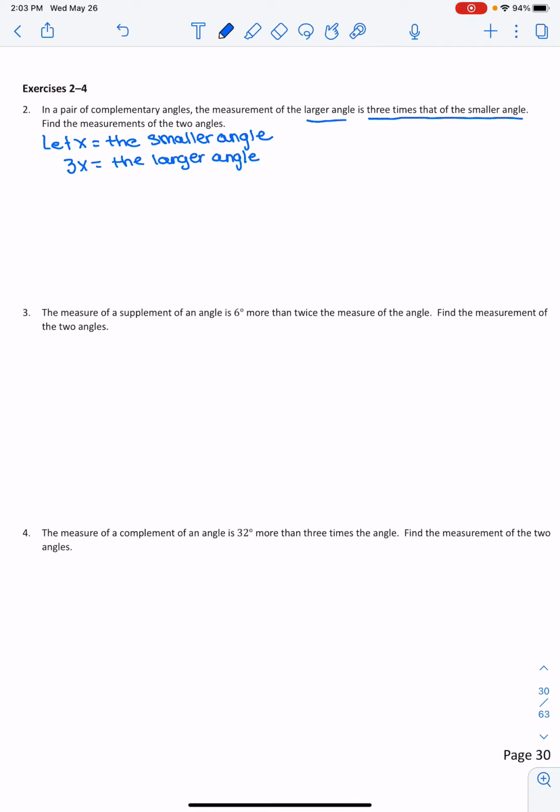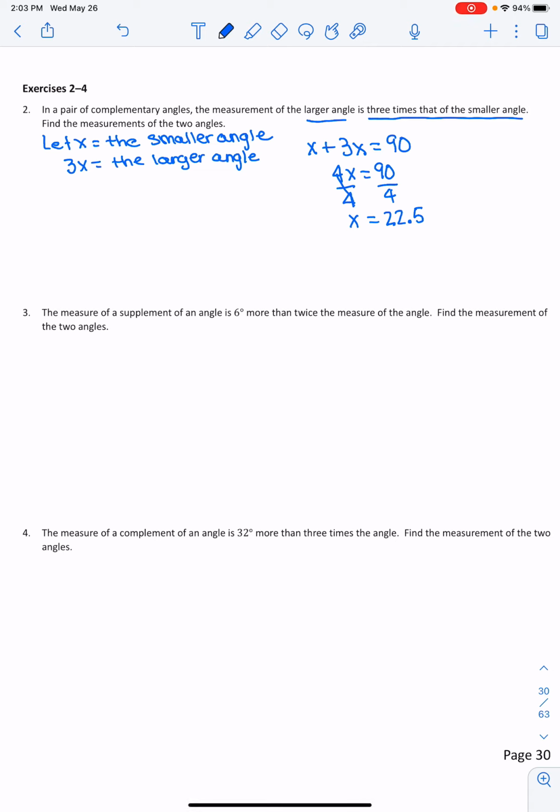Because they're complementary, I'm going to add the two together. So x plus 3x. Complementary means they add up to 90 degrees. So 3x plus x is 4x equals 90. I'm going to divide both sides by 4. So x is going to equal 22.5.